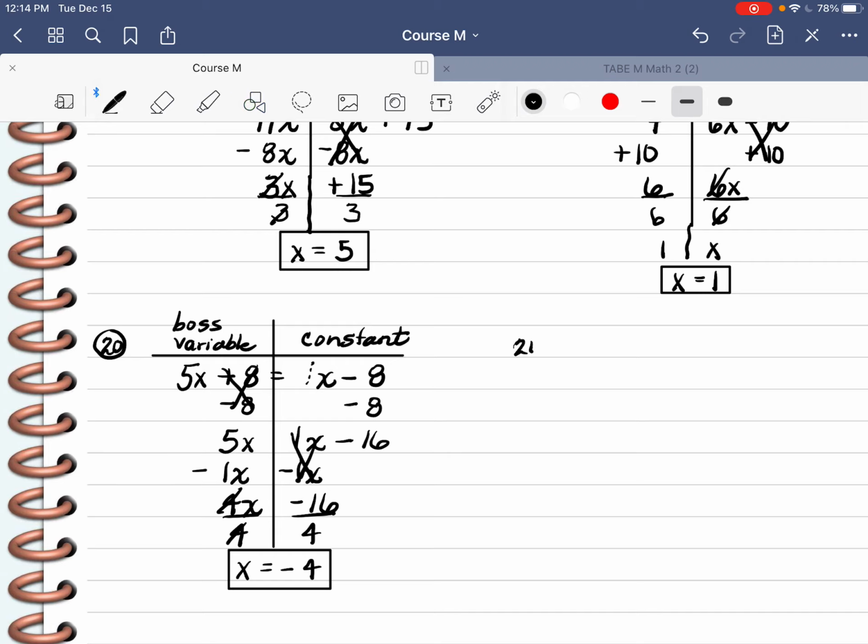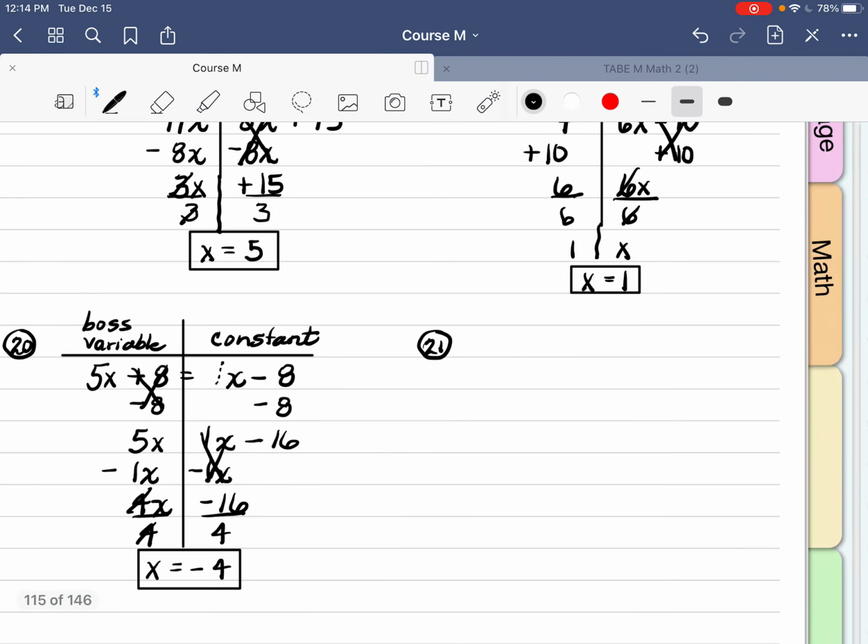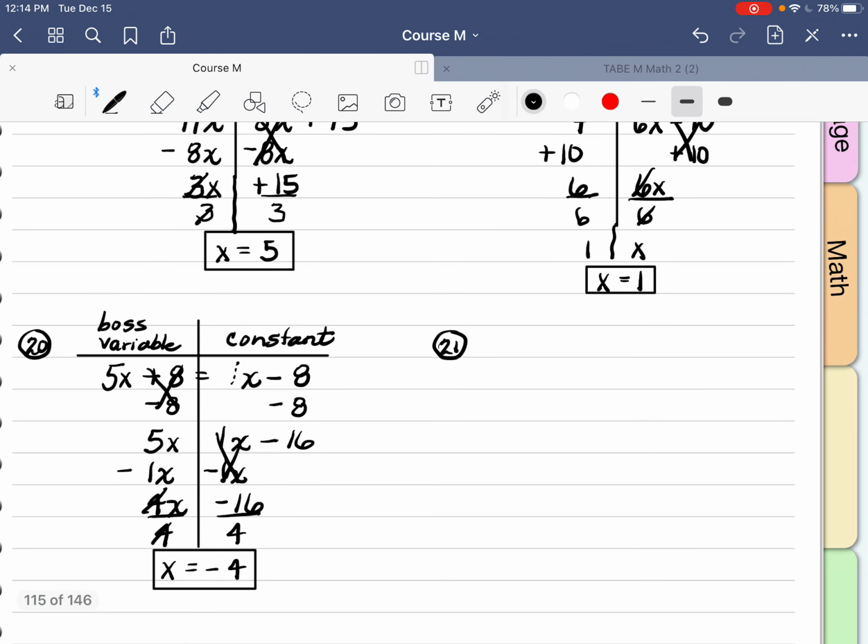And then number 21. We have 11x minus 12 equals 9x plus 2. Find your boss.